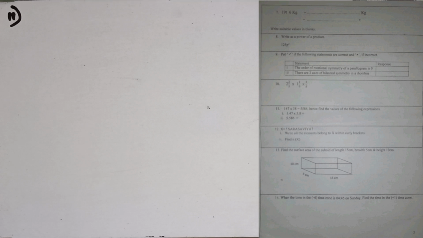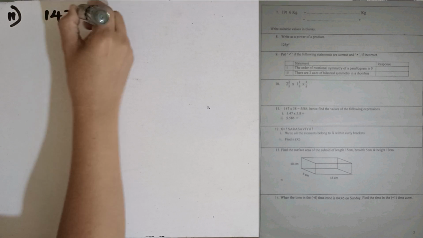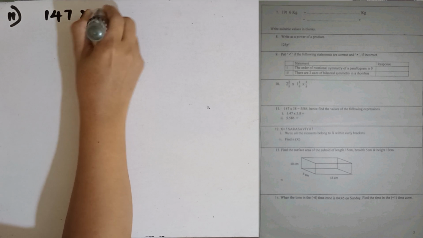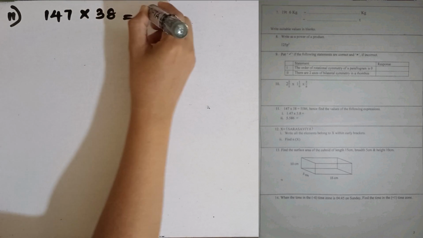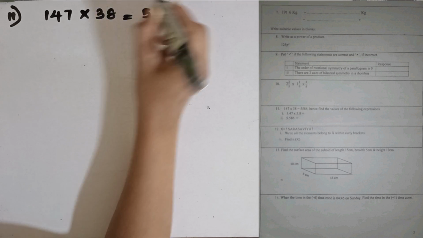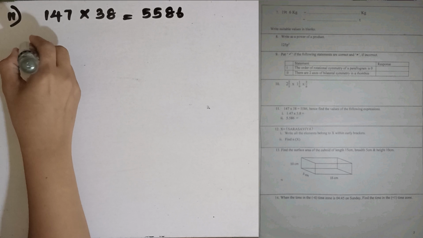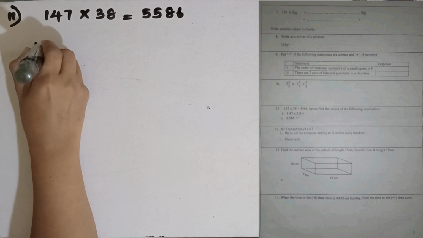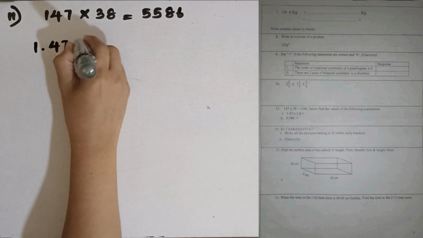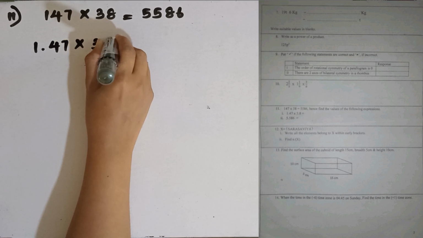Question number 11, we are given this: 147 into 38 is equal to 5586. Hence, find the value of the following expression. We are given this: 1.47 multiplied by 3.8.